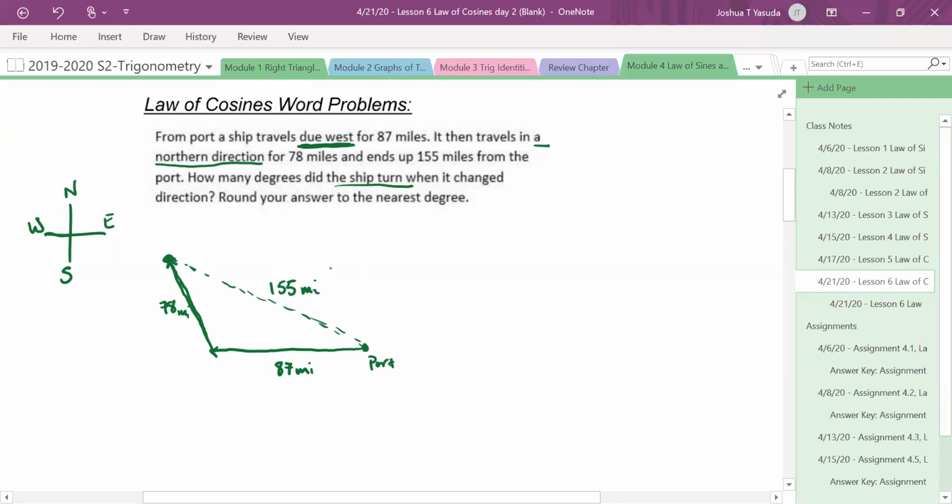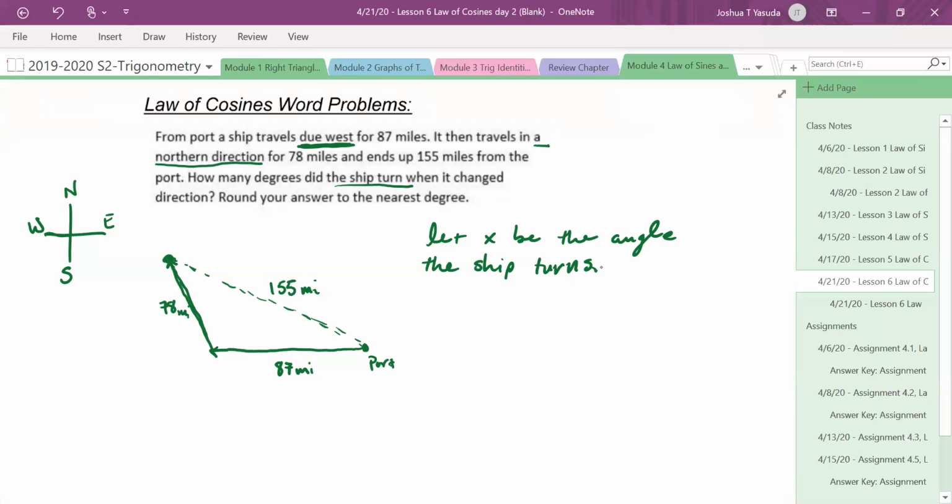Okay. So the first thing we should do is say let x be the angle the ship turns. So I'm going to ask a serious question. I want you to put it into the picture that we've drawn. I'm not going to draw it. You draw it. You can hit pause.